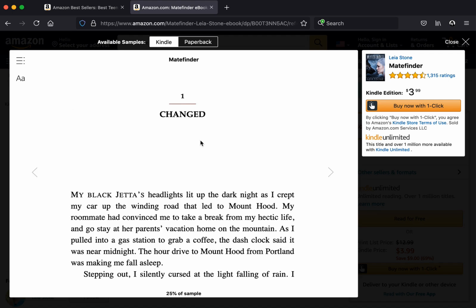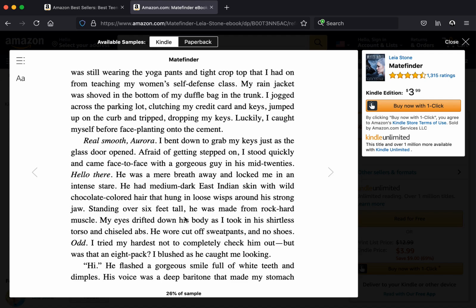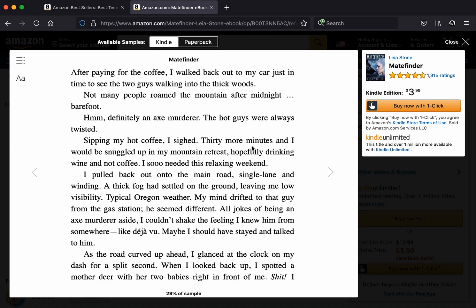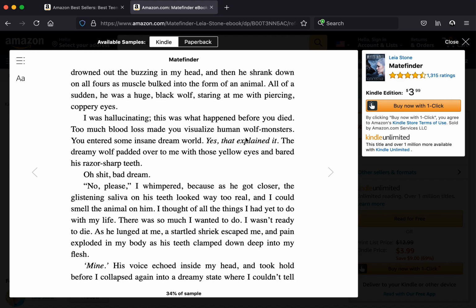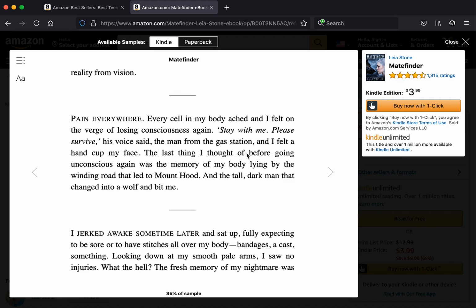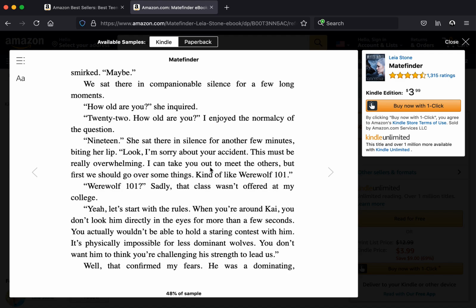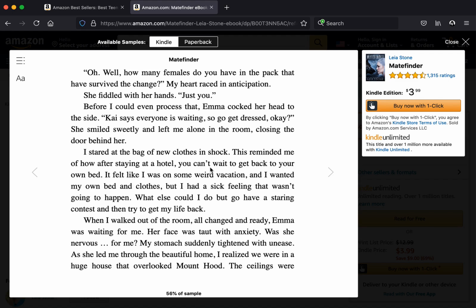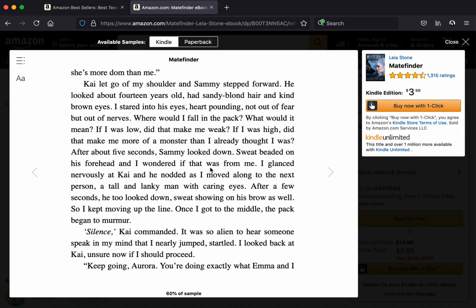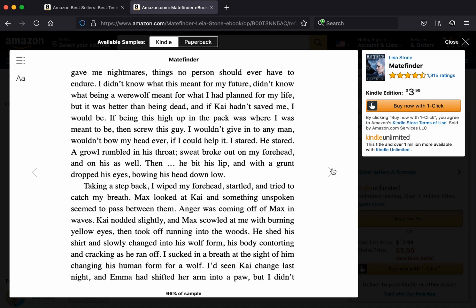Let's just scroll down. "My eyes drifting down his body." Shirtless torso. Oh my, okay. "I realized I was hanging." So we're just going to see if this will show us chapter 2. I'm guessing this whole thing is first person past tense, but let's see.